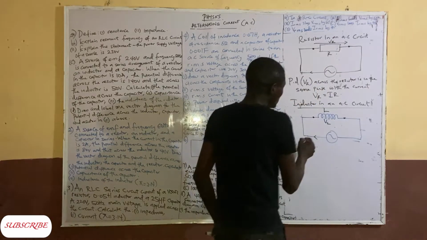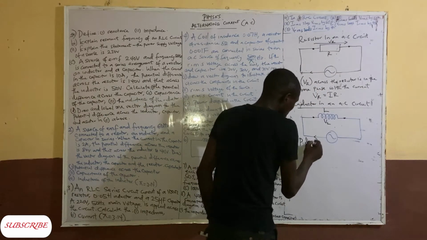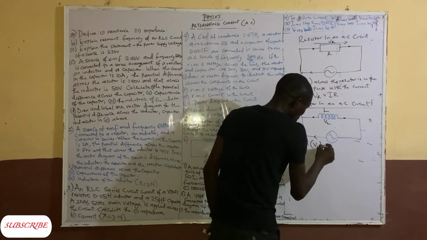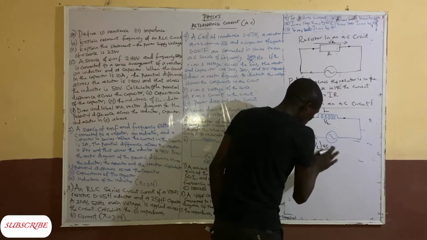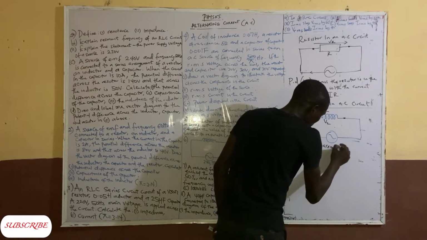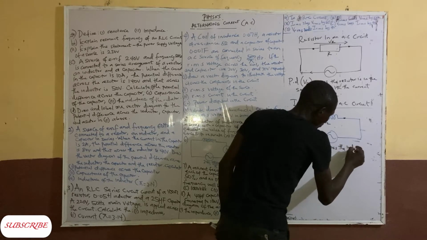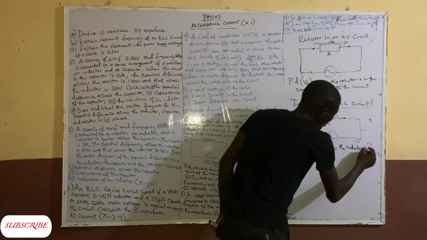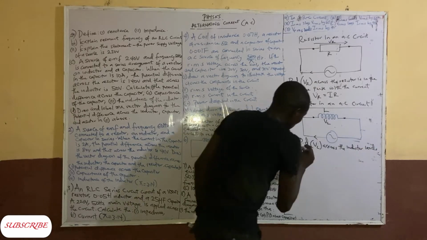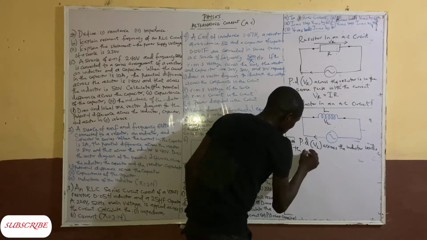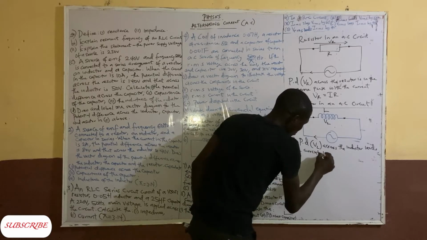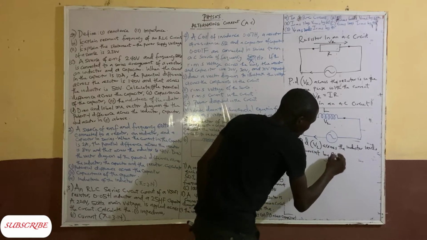Now in this place, the potential difference VL across the inductor leads the current by 90 degrees.